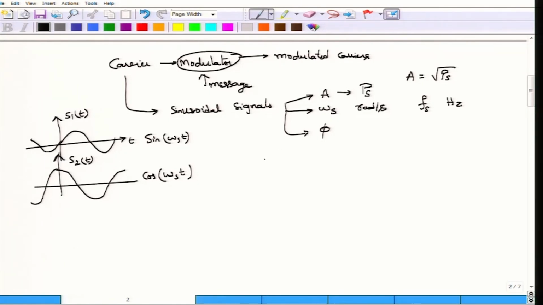So, I have a carrier, and what the carrier does is to produce a signal, let us call it S of t, given by square root Ps, remember, amplitude and square root of Ps are related, cos omega s t plus phi, where phi is any phase with respect to cos omega s t. So, this is the functional relationship, or this is the output of the carrier.